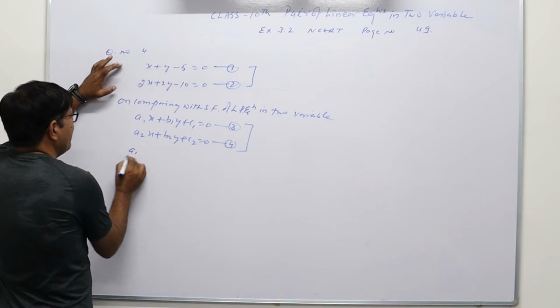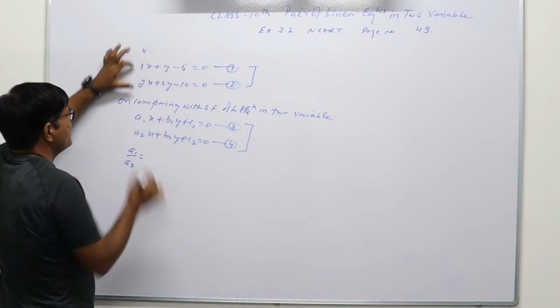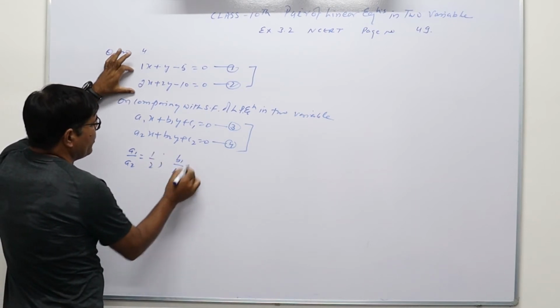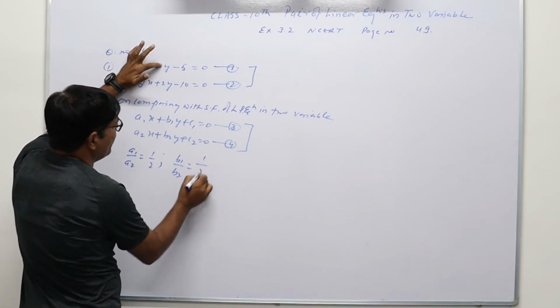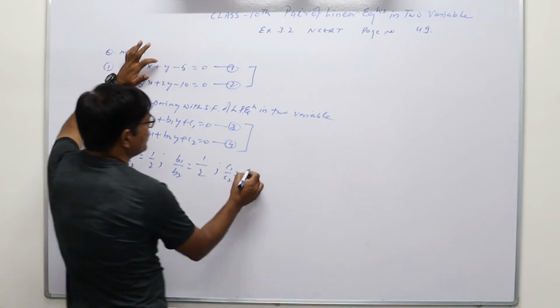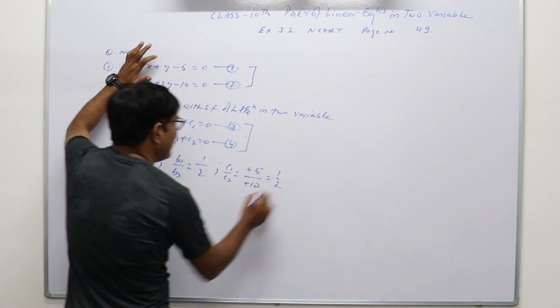So here a1 upon a2, comparing: a1 is the coefficient of x in the first equation, a2 in the second, so this is 1 upon 2. Then b1 upon b2 is 1 upon 2, and c1 upon c2 is also minus 5 upon minus 10, that is 1 by 2.